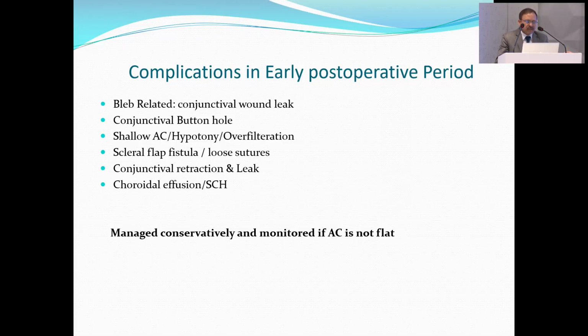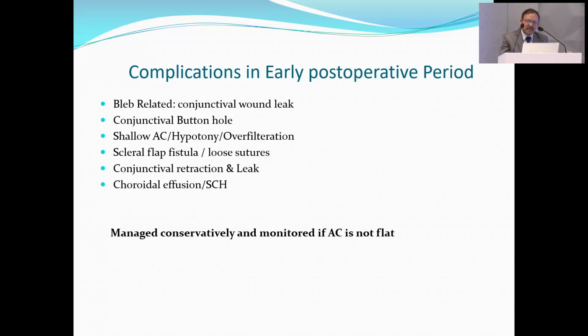Shallow anterior chamber with hypotony and overfiltration is also seen in early post-trab hypotony. If the flap is good but pressure is low, suspect scleral flap fistula or loose sutures. Sometimes we may find conjunctival retraction with leak, and in severe cases choroidal effusion or even suprachoroidal hemorrhage.